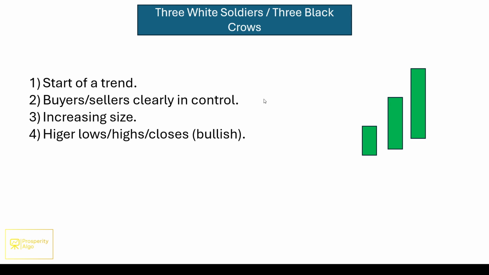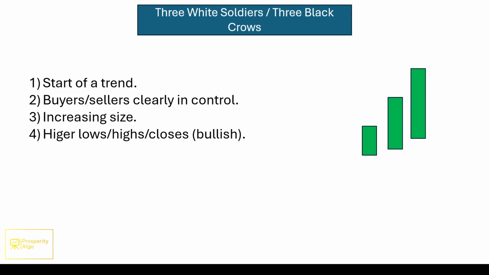And now we can look at the three white soldiers and three black crows. So three white soldiers would simply be three green candles following each other. And then there are different ways to define this pattern. Some people will look at them making consistently higher highs, higher lows, and higher closes.